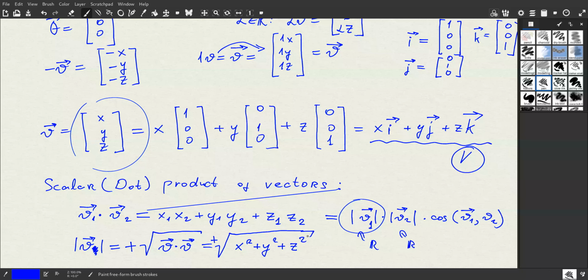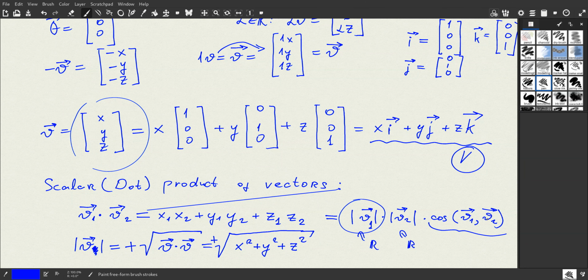And now the question is, what is the cosine of V1, V2? How to define this? How to define the angle between the vectors and the cosine of this angle?